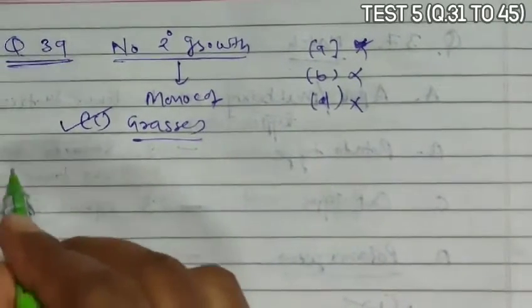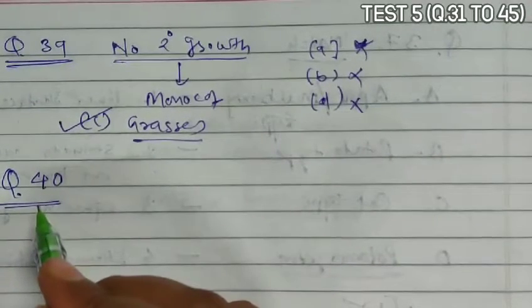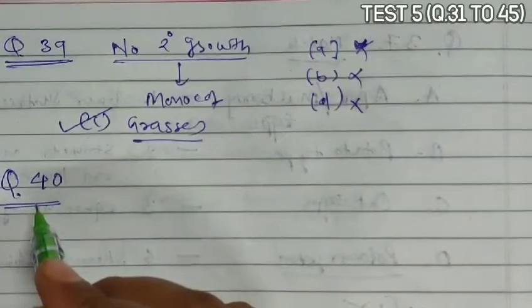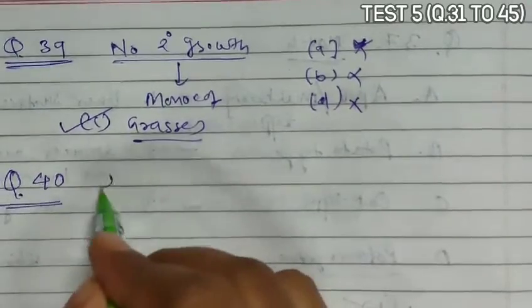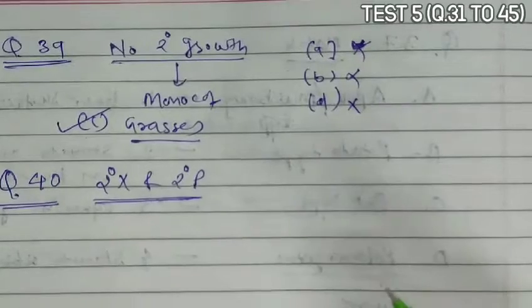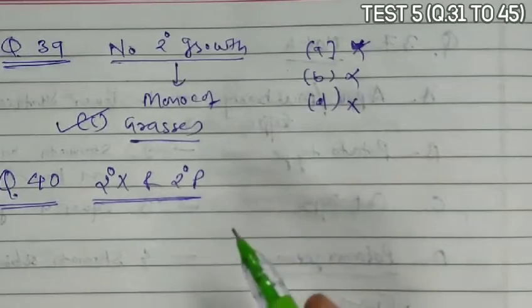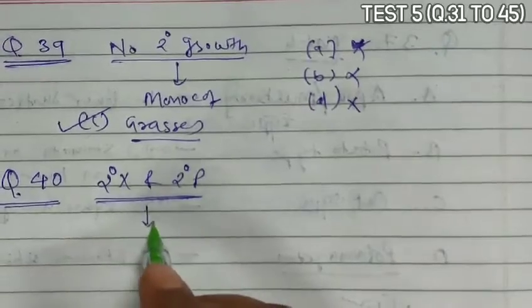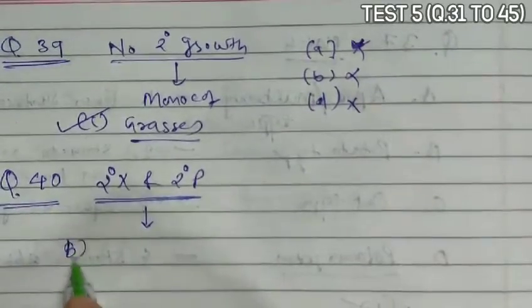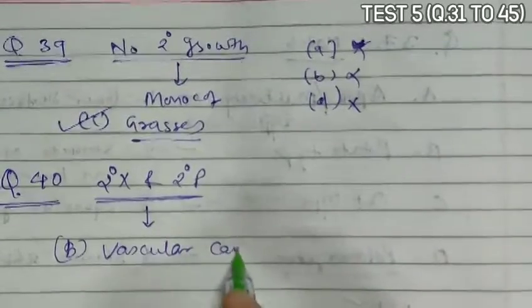Next, question 40 asks that secondary xylem and phloem in a dicot stem are produced by what. Secondary xylem and secondary phloem are produced by a cambium, and that cambium is known as vascular cambium.